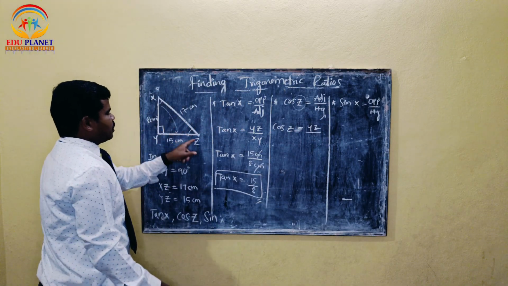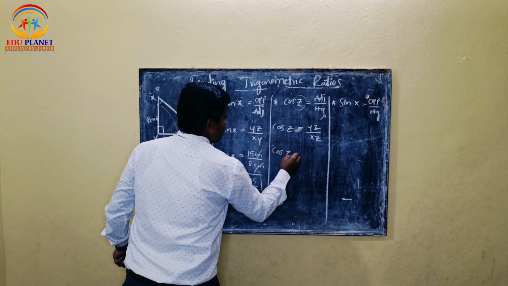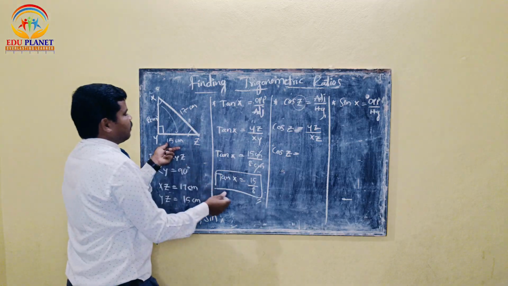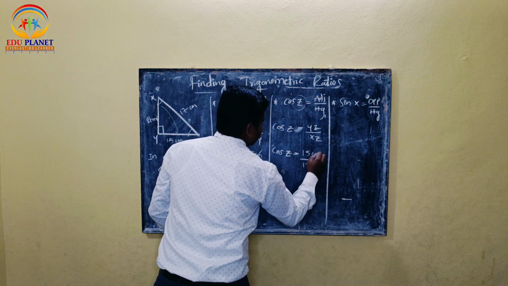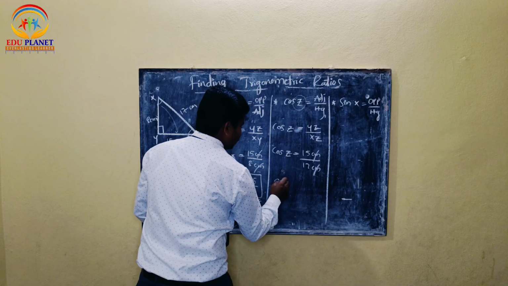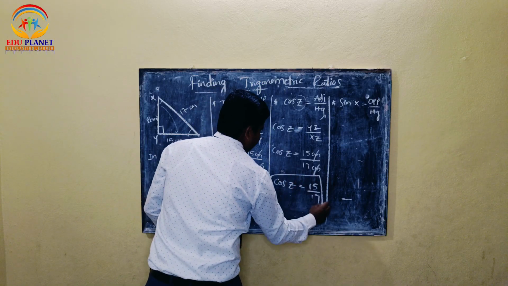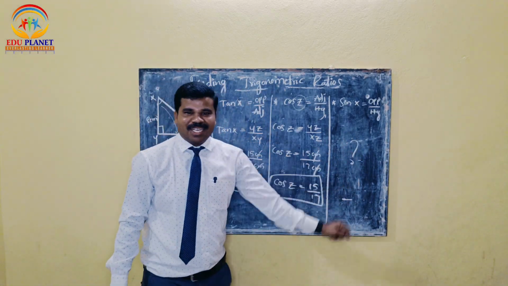What is the hypotenuse? Hypotenuse is the same for all. Cos Z equals YZ by XZ, 15 centimeter by 17 centimeter. Centimeter can be cancelled. Cos Z equals 15 by 17. Students, please try to solve the last one.